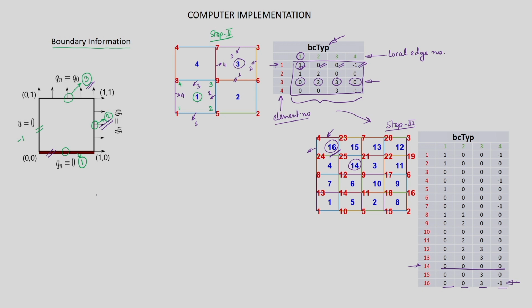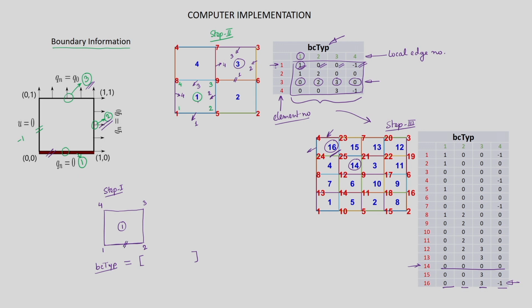Now, if I define the same thing for step 1, we have only one element, the global node numbers are 1, 2, 3, 4, and what will be the BC type? In this case we have one element, so we have only one row, and we start from local edge 1.